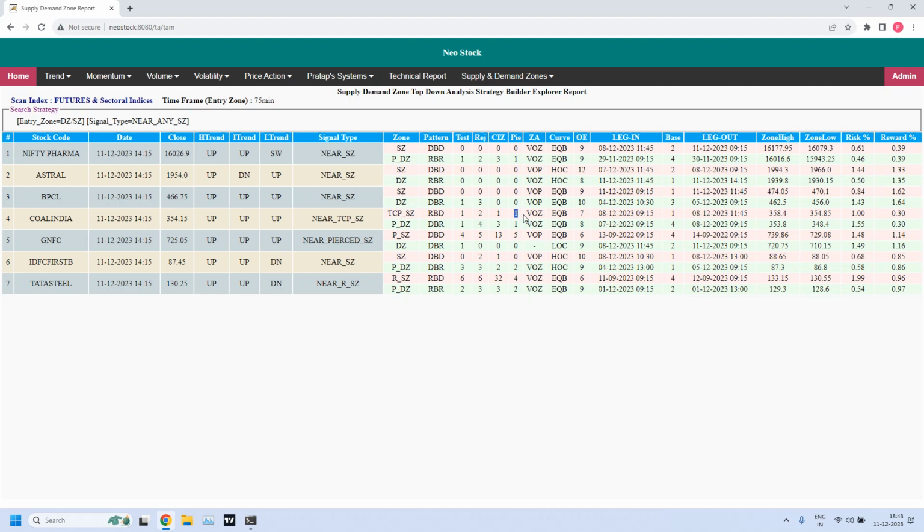Coal India is already pierced, so we will not look into this stock. Even Tata Steel is also pierced 4 times. This 75 minute supply zone. Okay, let's go back.